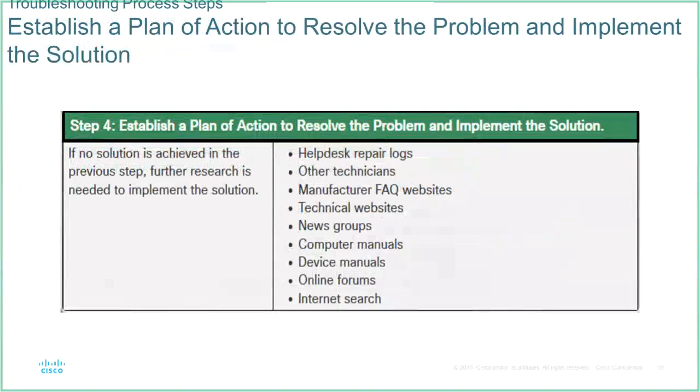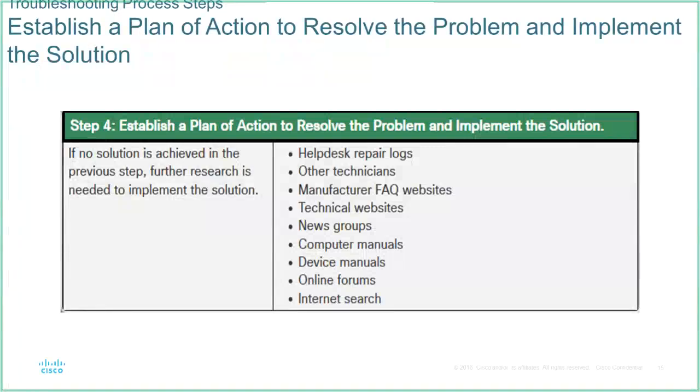So how do you come up with an action? Well, if you're on the help desk, it's going to have a database attached to it where you type in the symptoms and it'll come up with potential issues and solutions. Number one is turn it on, turn it off, turn it on. Talk to other technicians, especially when you're learning.